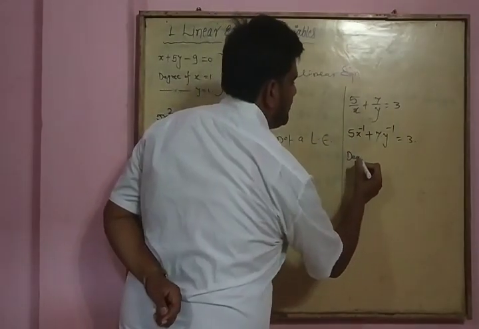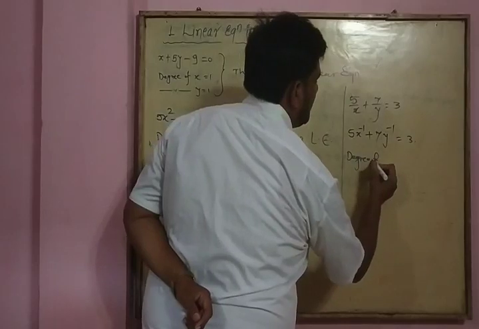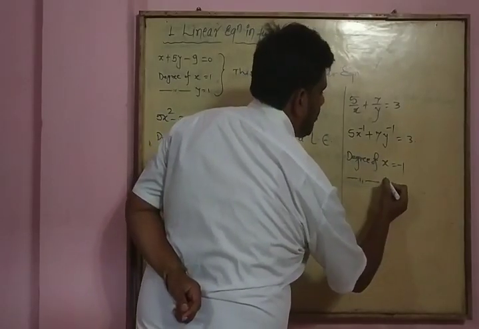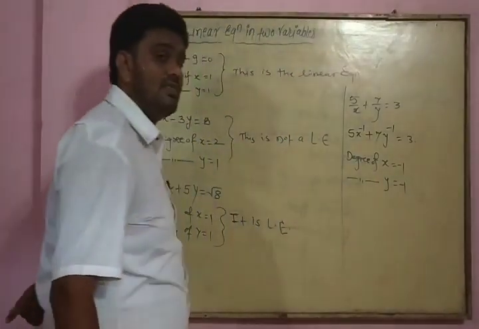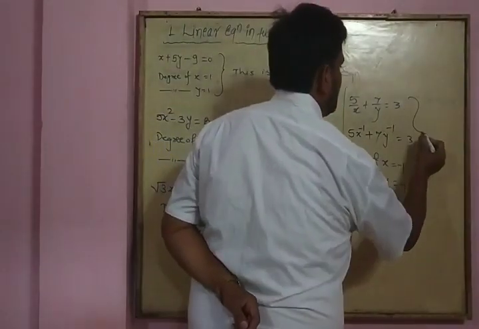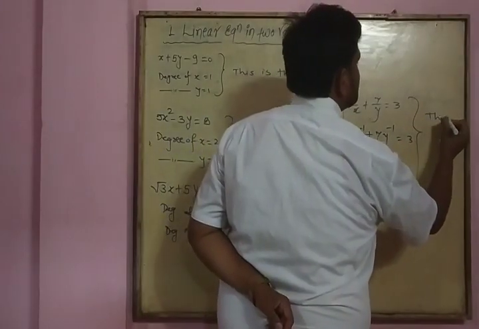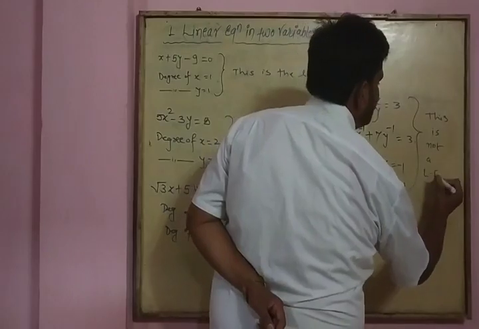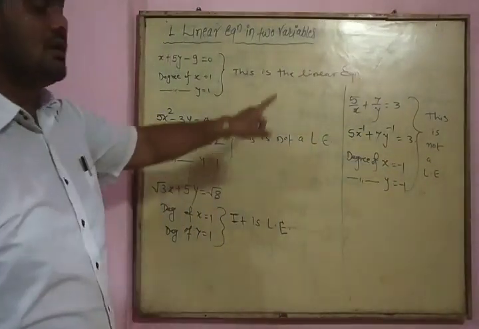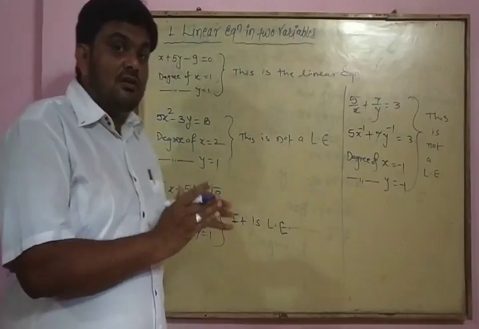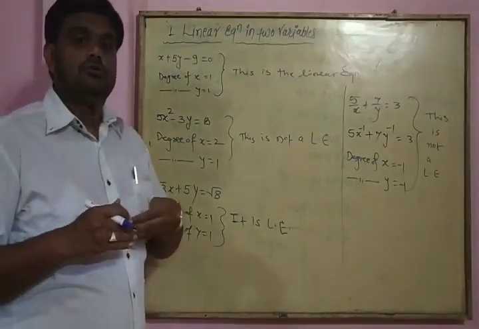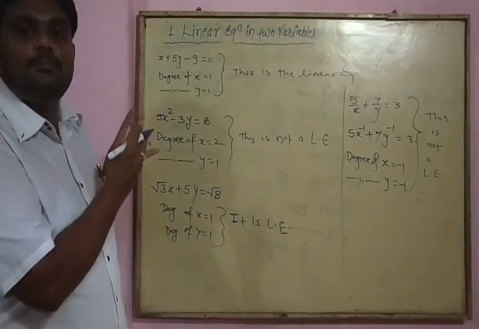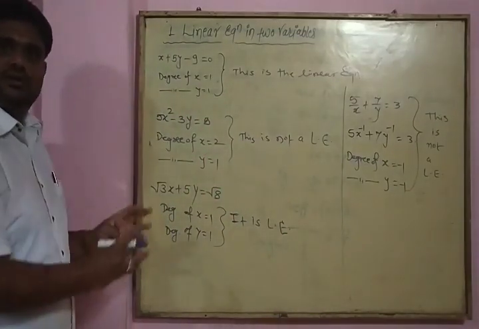Means the degree of x is −1 and the degree of y is −1, so this is not a linear equation. This is not a linear equation. I hope all the students have got how to identify the linear equation.